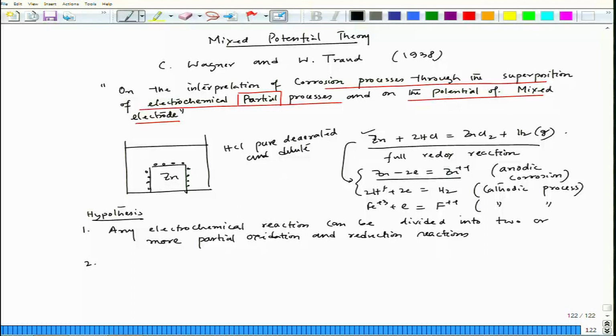And for the second hypothesis, what they are saying in the title is the potential of mixed electrode.